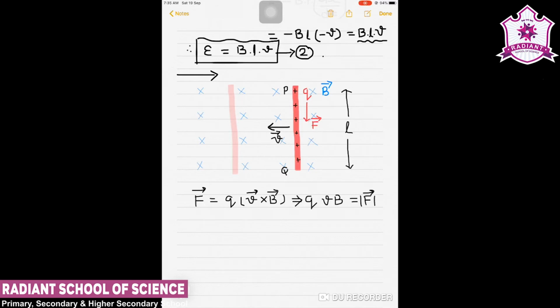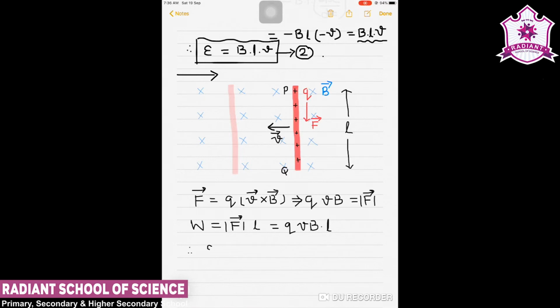Now the charge inside is experiencing force in the downward direction. Suppose the length of the rod is L, then the work done to bring charge from P to Q is given by force into displacement. The magnitude of force, derived from the Lorentz force, is QVB, into L. But we also know that the EMF is nothing but work done per unit charge, as in chapter number 2.